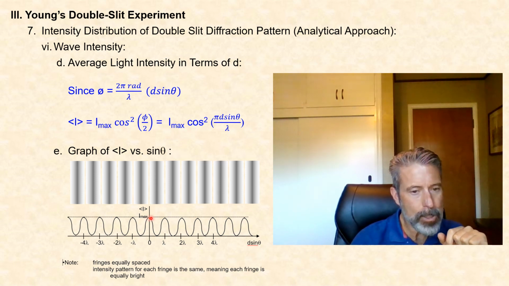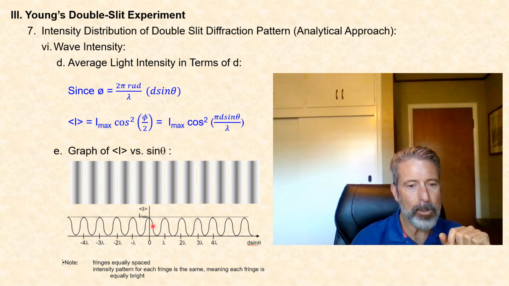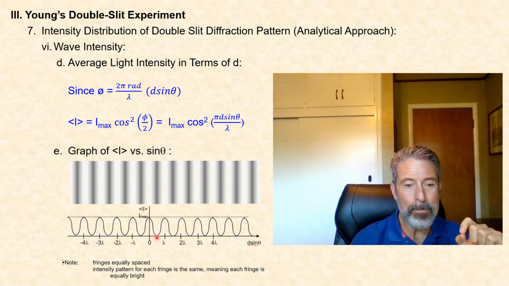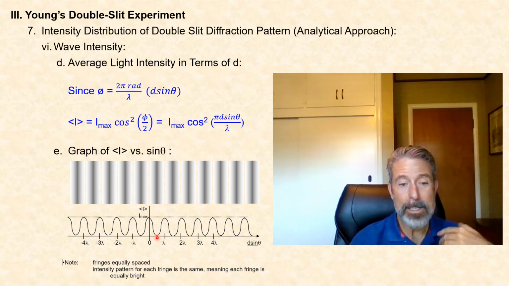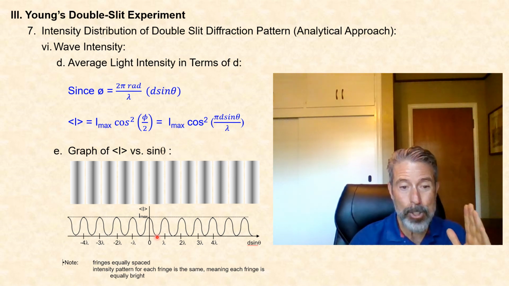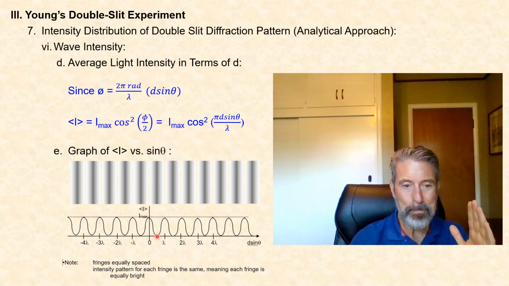But as we move to one side of that maximum, the intensity drops off until we get to halfway between 0 and lambda, 1/2 lambda, which corresponds to no light intensity.